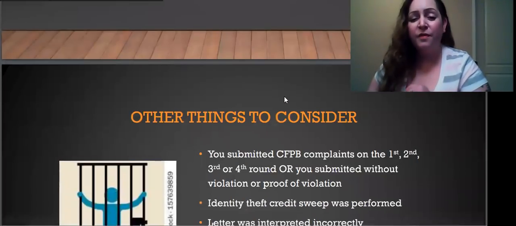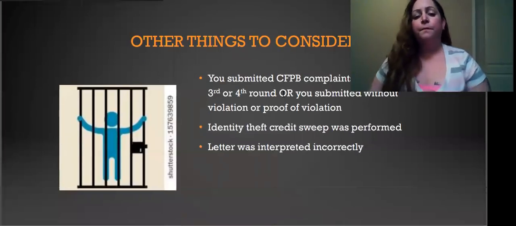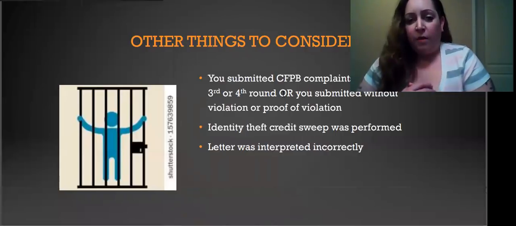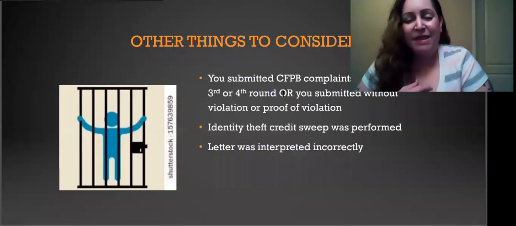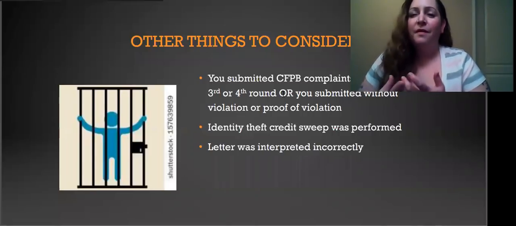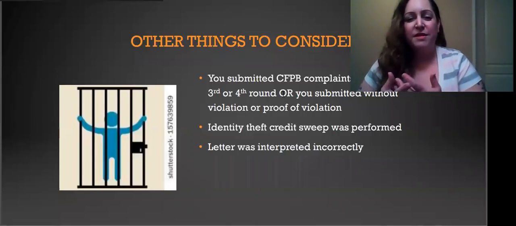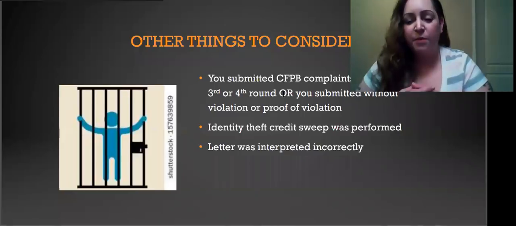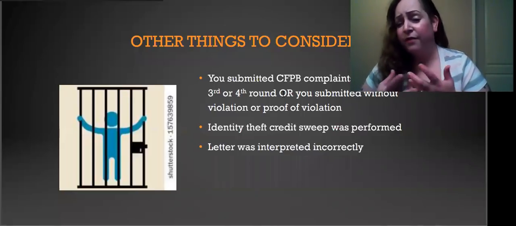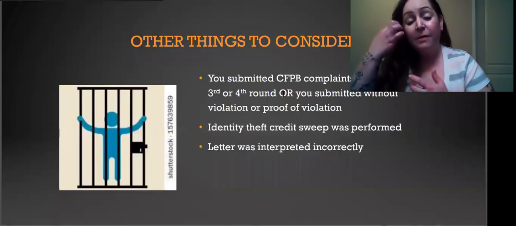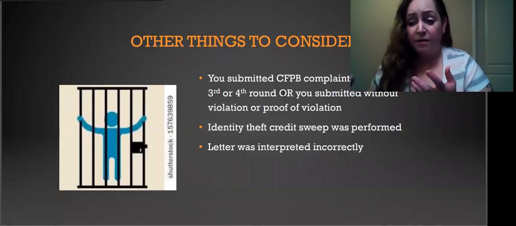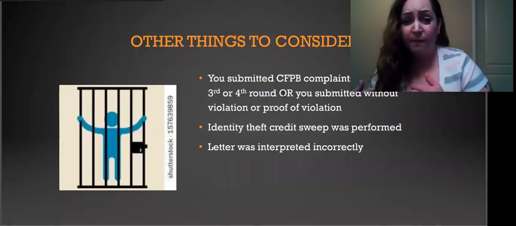All right, so other things to consider. I've heard this like 10 times this week, that people are just like, okay, I'm going to go straight to the CFPB, the Consumer Financial Protection Bureau, and I'm going to make complaints like the first round, the second round, the third round, the fourth round, but I'm just doing it because I heard that I should do it, right?